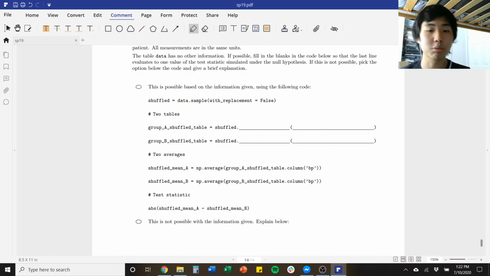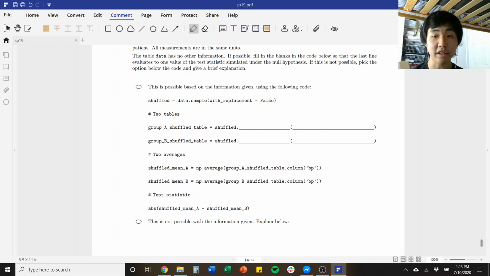So your gut feeling is probably it is not possible because we don't know what group everyone's in. And if the question were asking to make a determination of whether the null is correct or not, you would be right. However, all the question is asking is, can we find one value of the test statistic under the null?